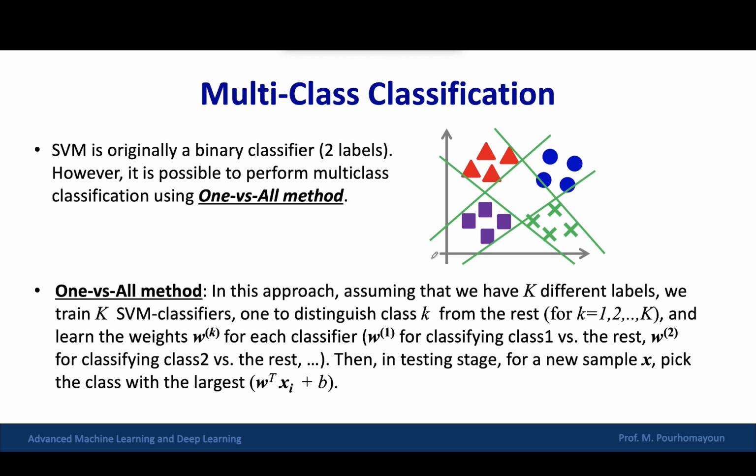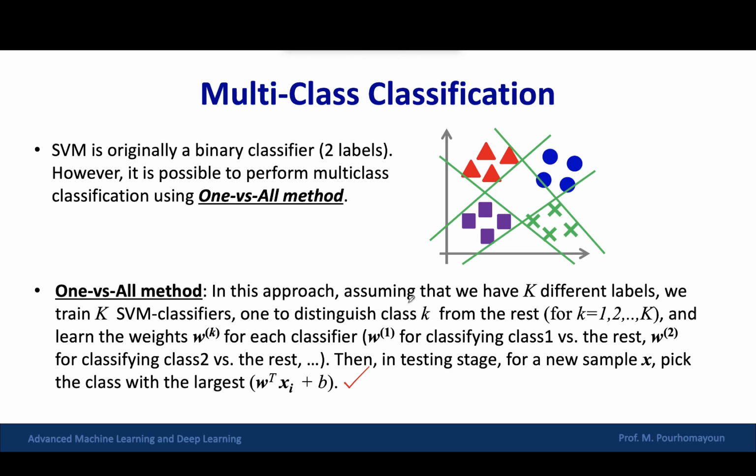And then in the testing set, when a new sample X comes and you want to predict something, I try all of these 4 lines on that new sample, and the one that gives me the largest value will be the label that I select, okay?